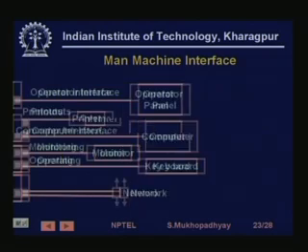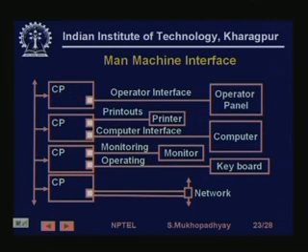So there could be a variety of man-machine interface devices which need to be interfaced with a PLC, starting from operator panels to monitors to PCs to keyboards to printers. All these it is possible to interface.